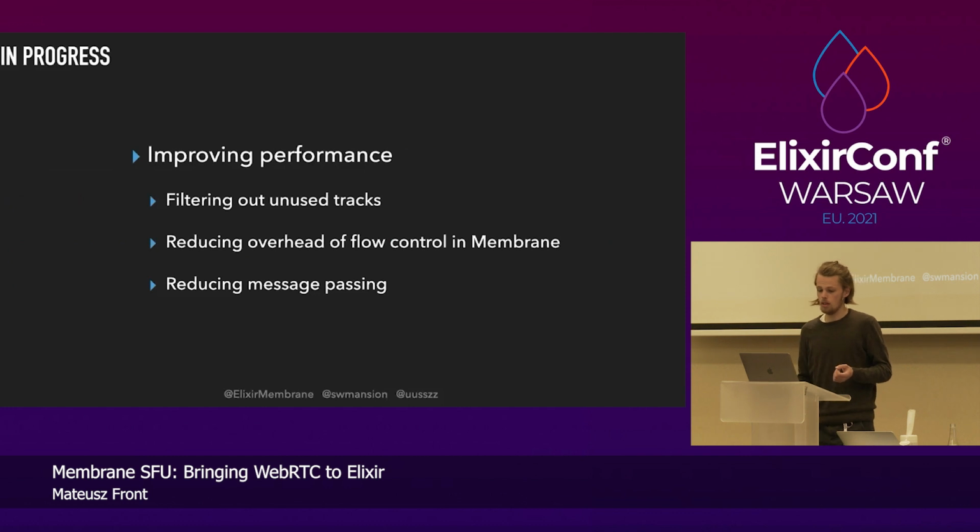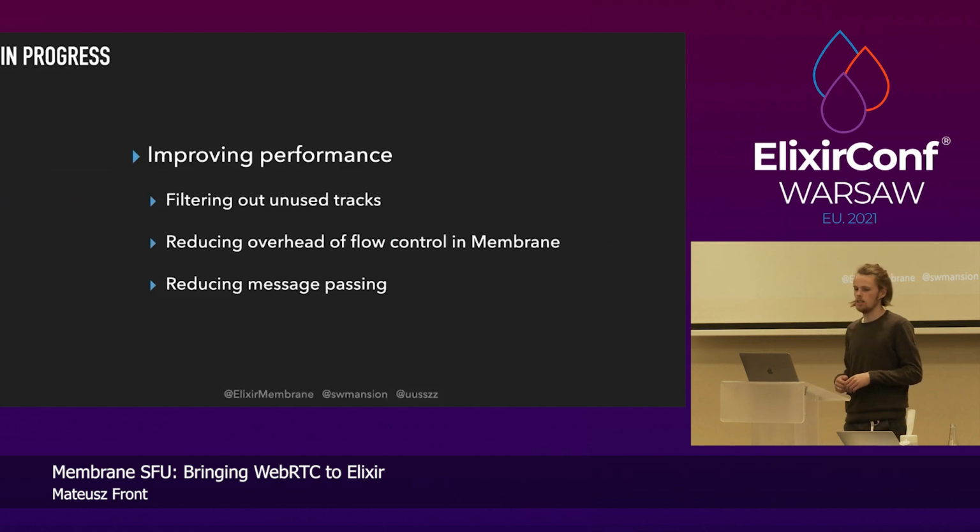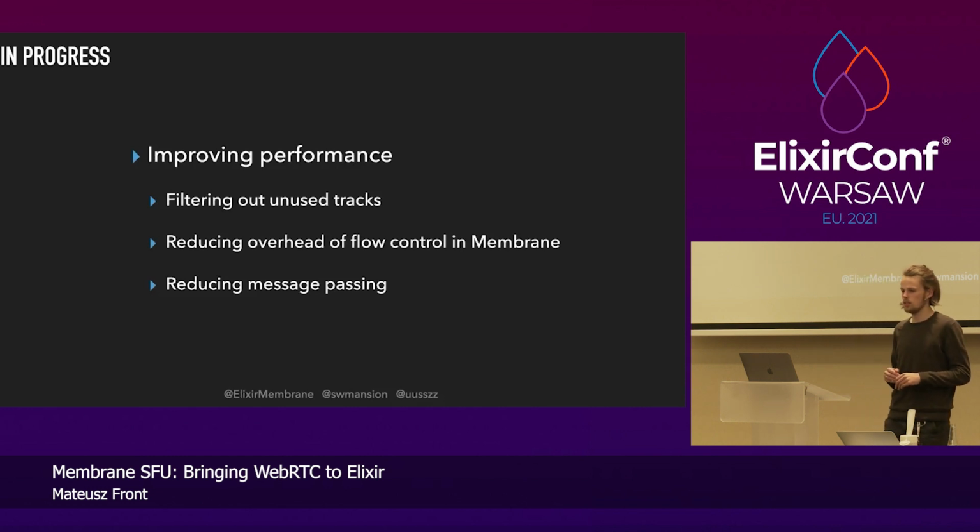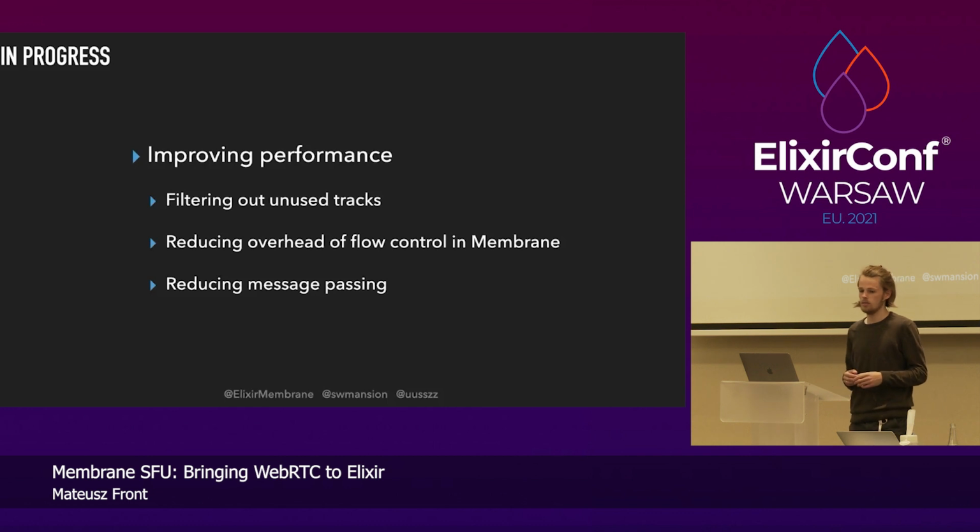So what we are doing now is improving performance. We have some aspects we are dealing with. For example, filtering tracks that are not used, such as a silent audio that is coming from user. Reducing overhead of flow control. We have a flow control mechanism that is similar to GenStage, so it's based on demands, and it adds quite a lot of overhead.